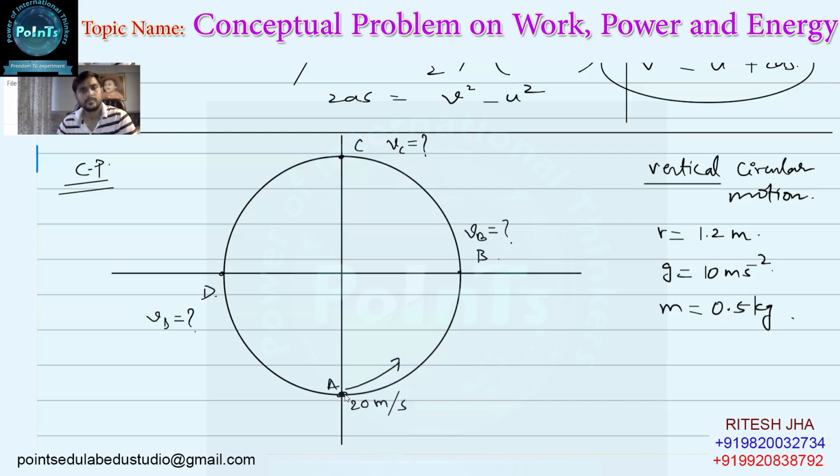We know a is 10, s is 1.2, mass is 0.5, so 0.25 times 2 times 10 times 1.2, which is 6 meters per second, I think.